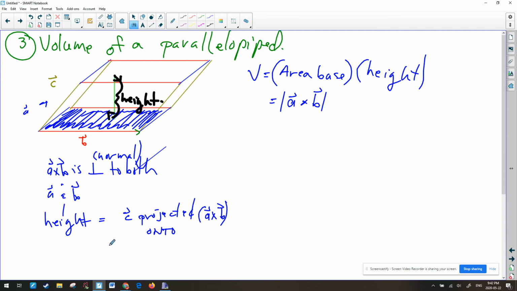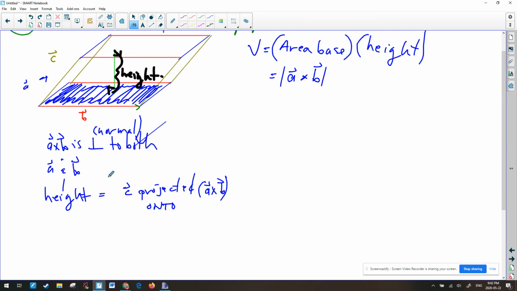So projected onto means we're going to do C dotted with A crossed with B, divided by the thing that it's onto. This is really like A dotted with B divided by the magnitude of B. It's C dotted with A cross B divided by the magnitude of A crossed with B.